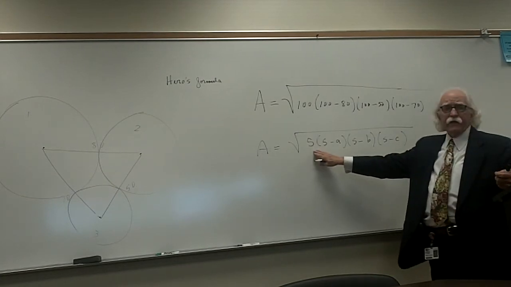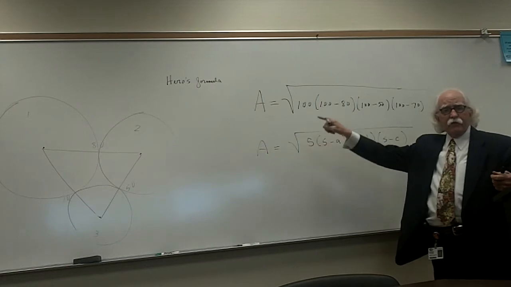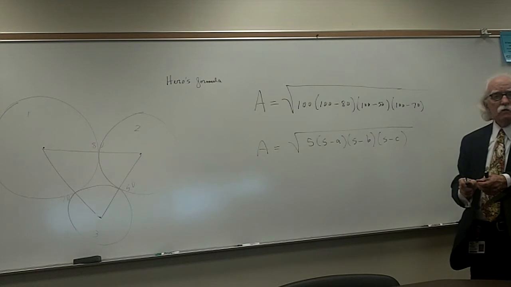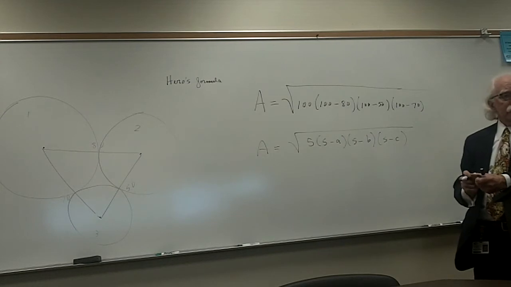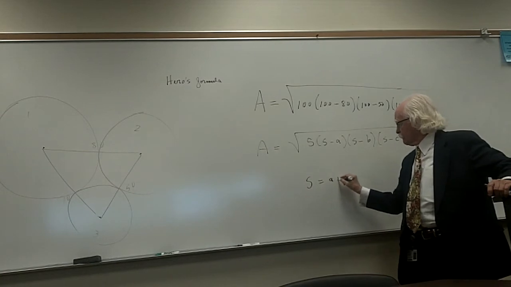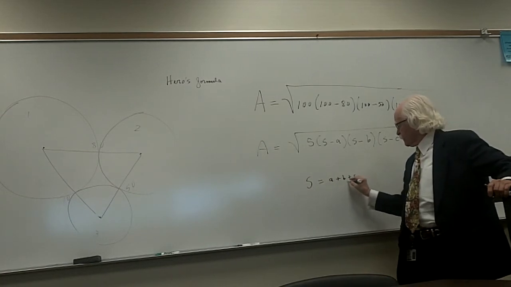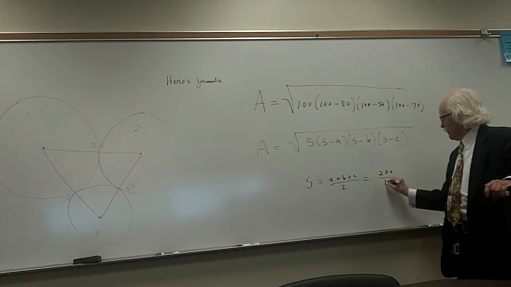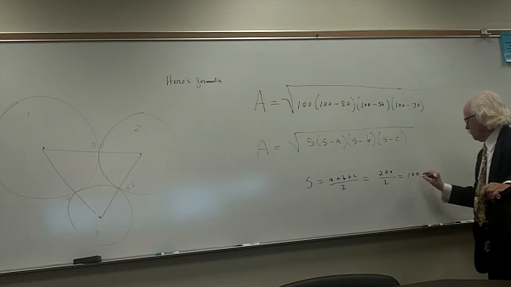And the way you get S, everybody, is you just add all the legs together and divide by 2. Y'all ever do that? S is equal to what? A plus B plus C divided by 2. I think this is 200. Divided by 2 is what? 100.